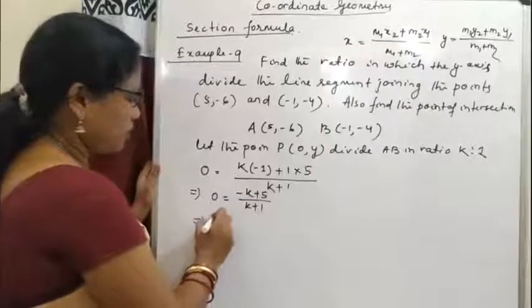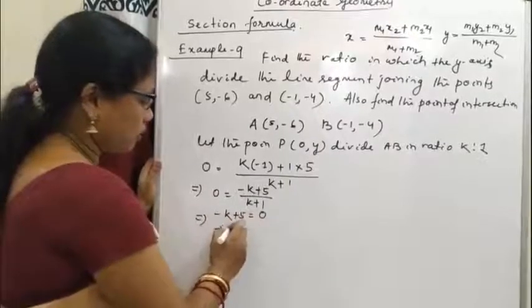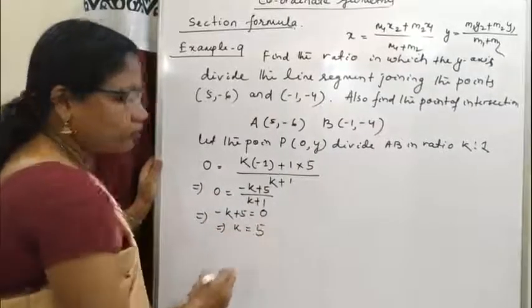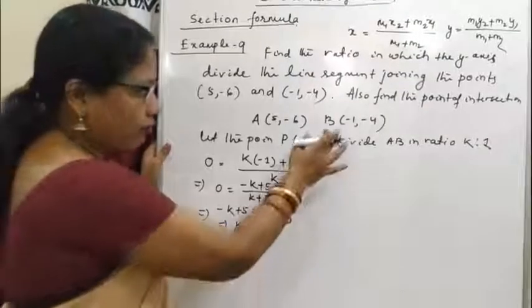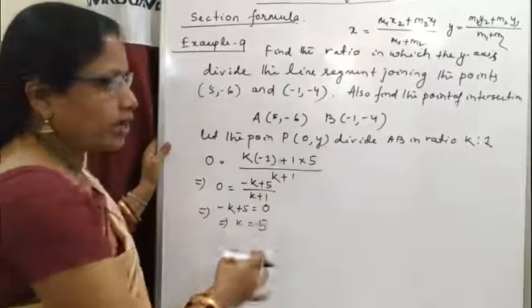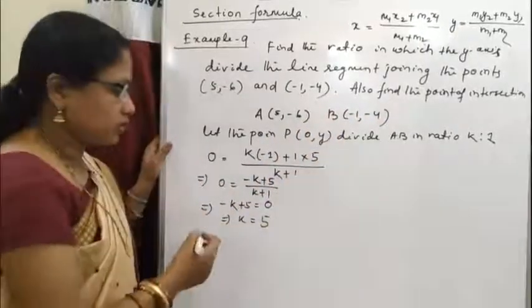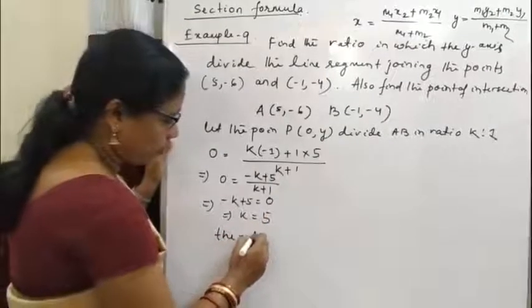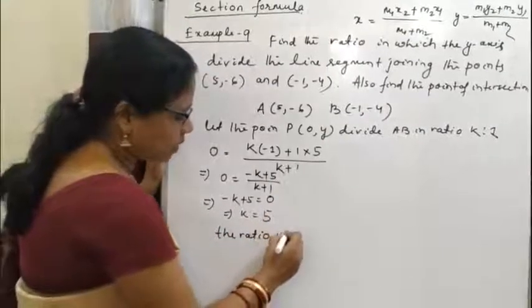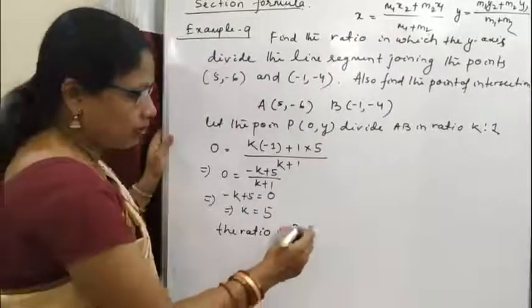So this implies minus k plus 5 is equal to 0, or k is equal to 5. So we got the ratio 5:1, but we have to find the value of y, because in the question it is asked to find the point of intersection. So the ratio is 5:1. So by using this ratio we have to find y.